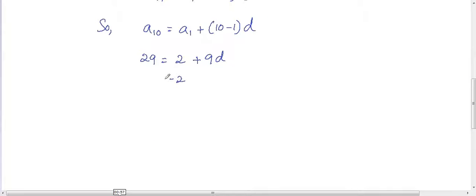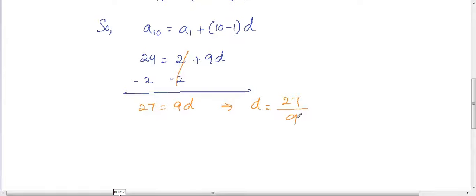Subtract 2 on both sides, so we'll get 29 minus 2 becomes 27. So 27 is equals to 9d. So 9d is equals to 27, and d is equals to 27 divided by 9, which is 3.